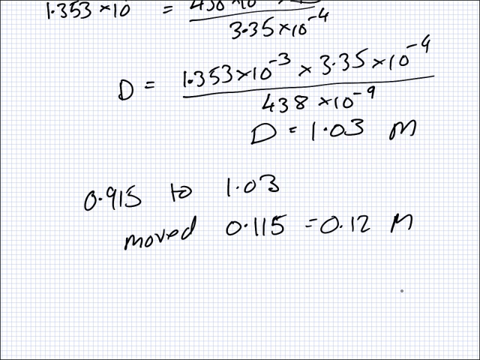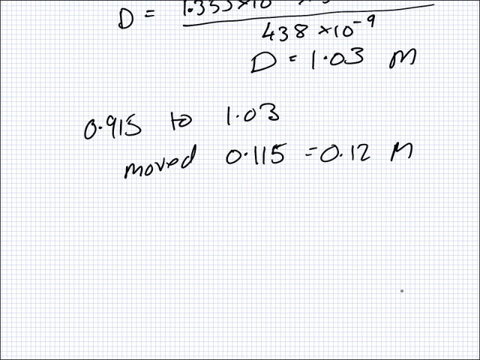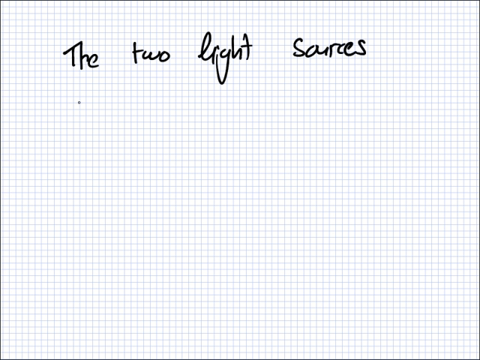In such an interference experiment, it is important to ensure that the light from the slits is coherent. Explain the term coherent. Okay, so coherent means that the two light sources are in phase.